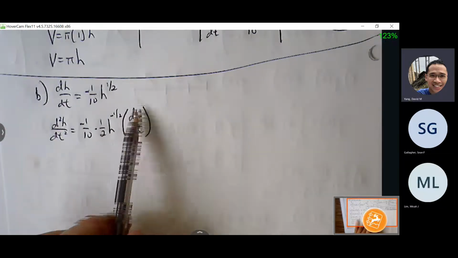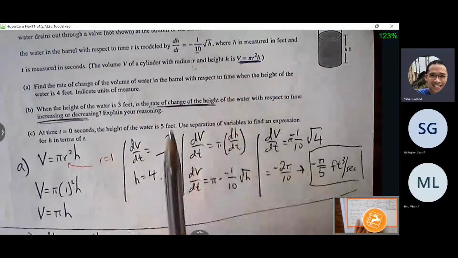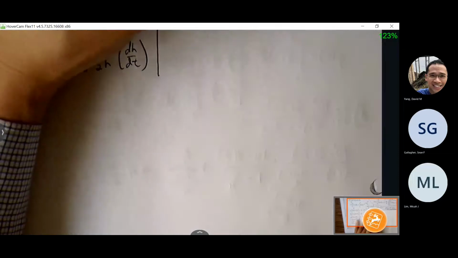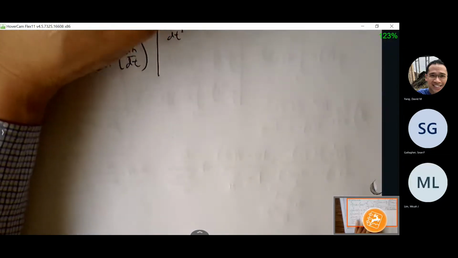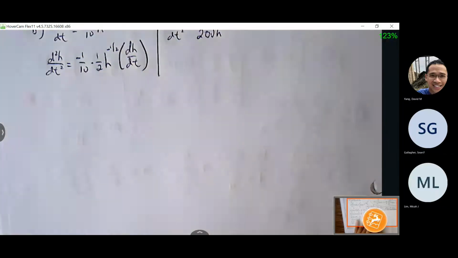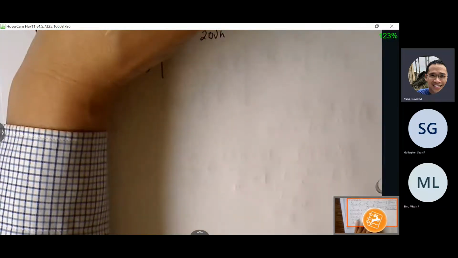Make our substitutions here. I know dh/dt is negative 1/10 root h. So dh/dt is negative 1/10.